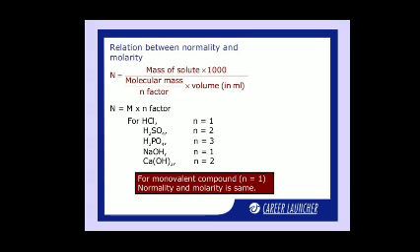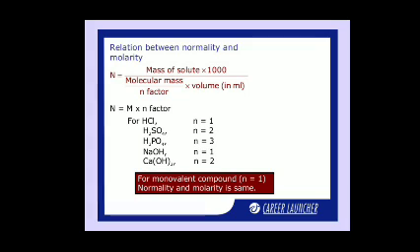Therefore, normality is equal to molarity into n factor. HCl n factor is 1, H2SO4 n factor 2, H3PO4 n factor 3, sodium hydroxide n factor 1, calcium hydroxide n factor 2, sodium chloride n factor 1, magnesium chloride n factor 2, aluminum chloride n factor 3.